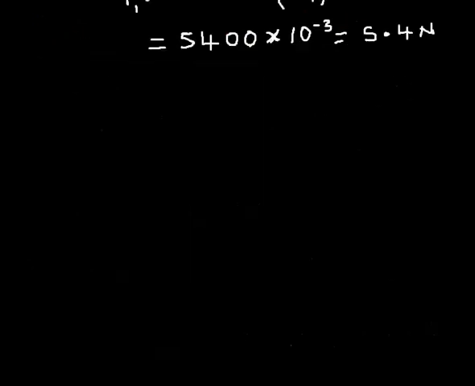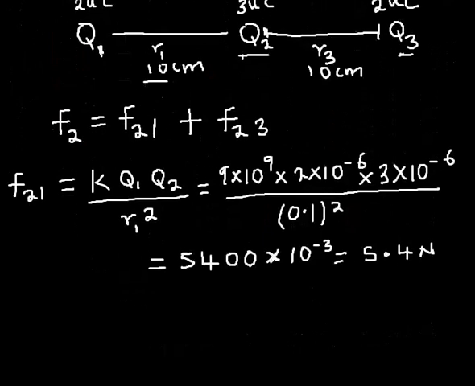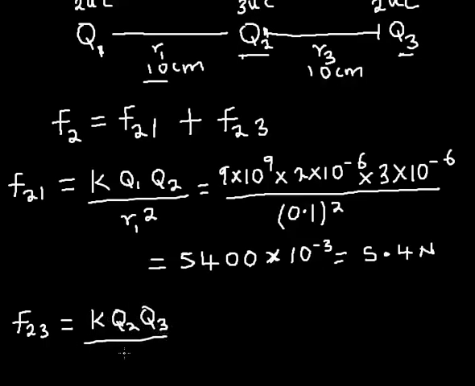Okay, so having done with F21, now let's evaluate F23. F23 is going to be equal to k Q2 Q3 divided by R3 square. So let's see how that goes.